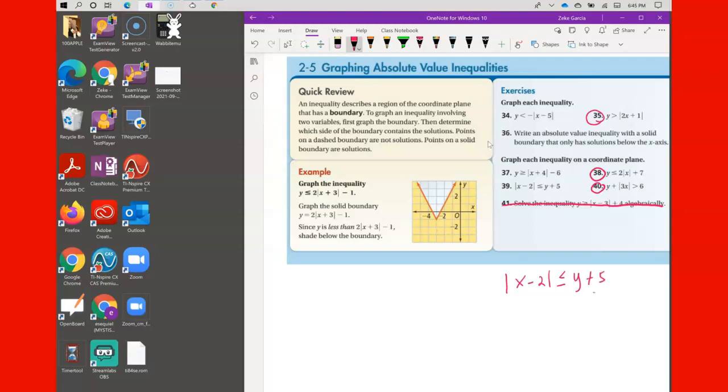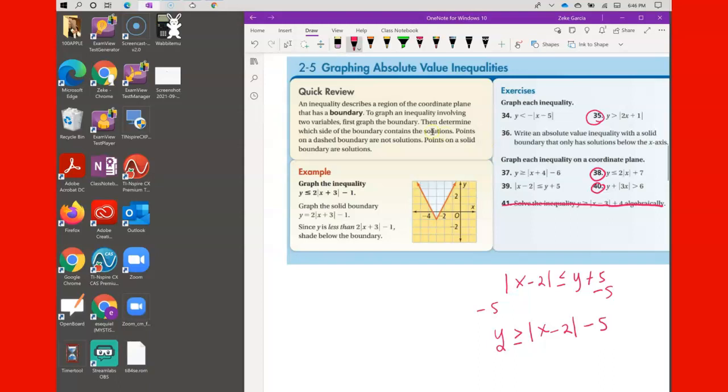I recommend that we go ahead and solve for y. So you subtract 5. So we're going to start with y, and you start reading it from right to left. Y is greater than or equal to absolute value of x minus 2 minus 5. So you can see that the vertex is going to be 2, negative 5, and it's going to shade up.